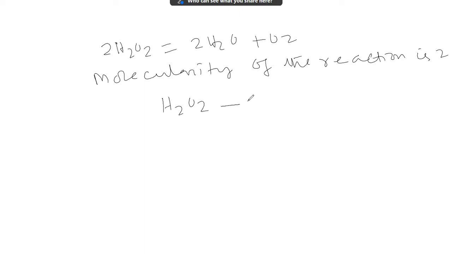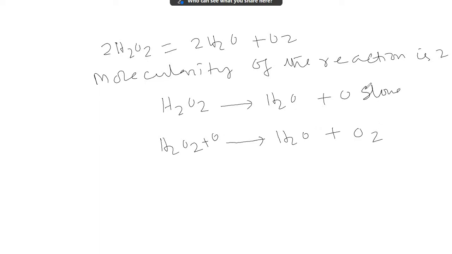H2O2 gives you H2O plus O, then H2O2 plus O gives you H2O plus O2, and it is the slowest step, it is stated to you.